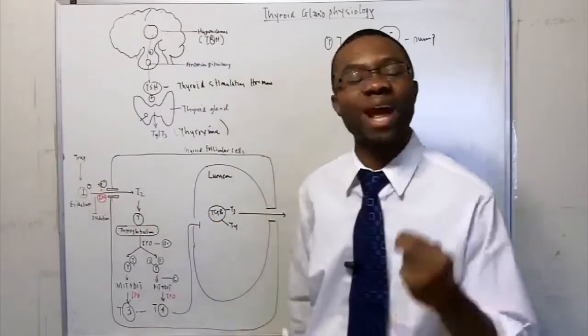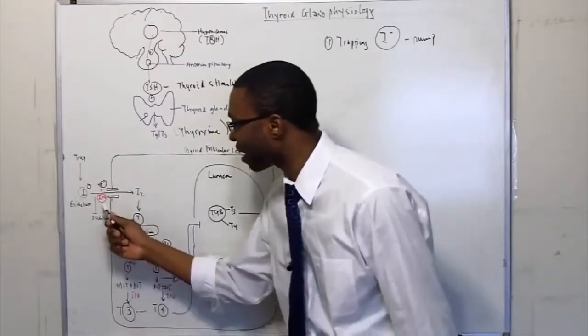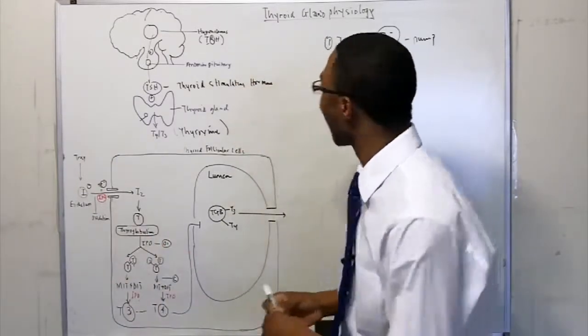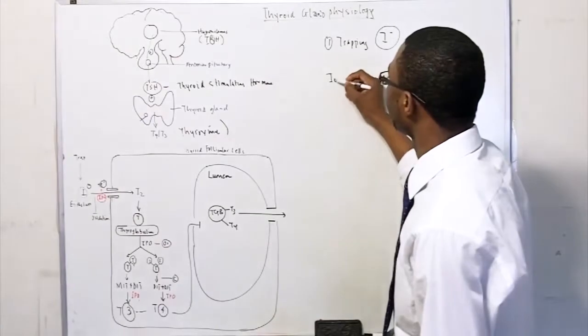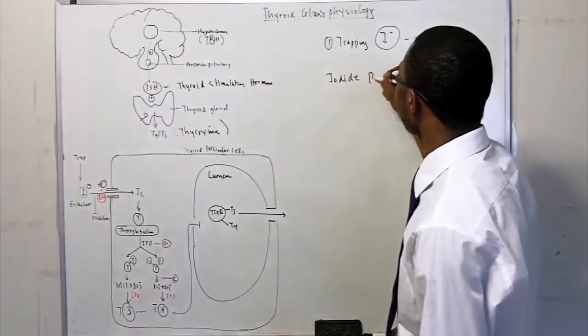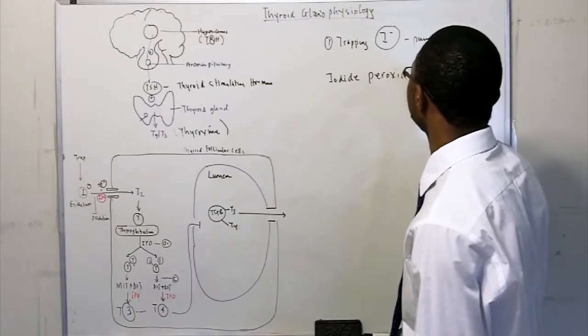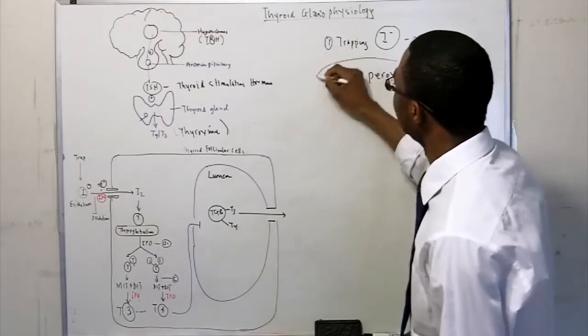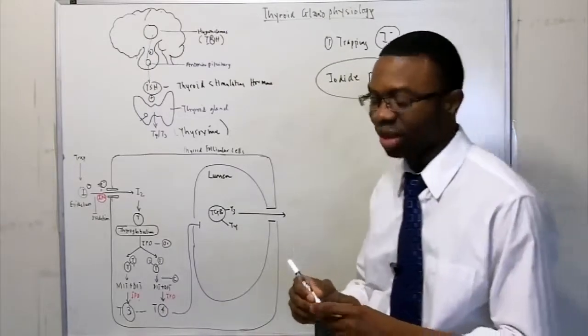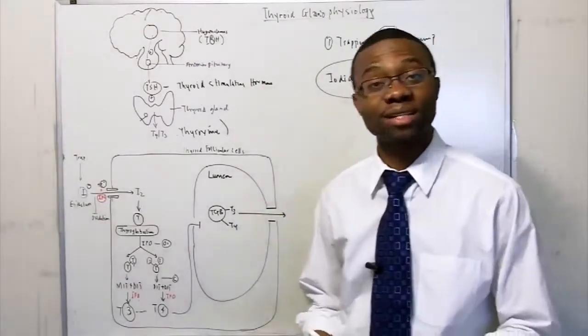Now there's an enzyme that has to do that. That enzyme is called what? Iodine peroxidase. You have to know this enzyme. You must know this enzyme.